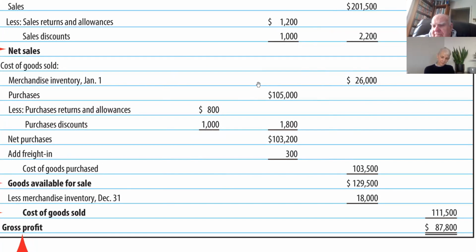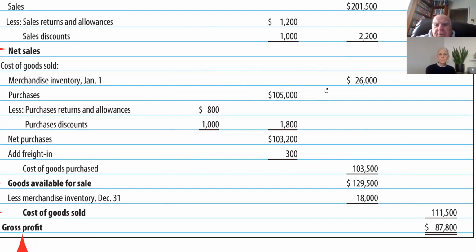All this stuff up there, but divide and conquer. Sales minus sales returns and allowances, sales discounts, minus credit cards if you had them. Net sales are 199. Net sales minus cost of goods sold equals gross profit. The trick is computing the cost of goods sold.